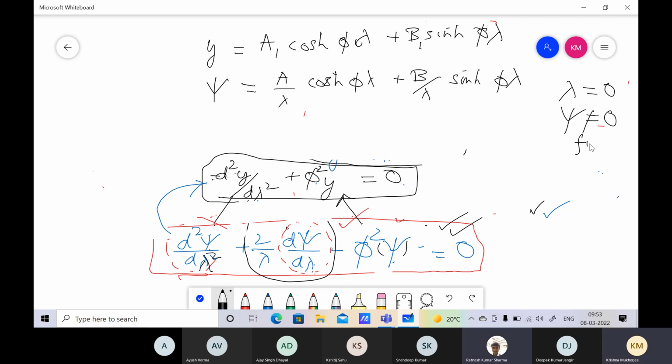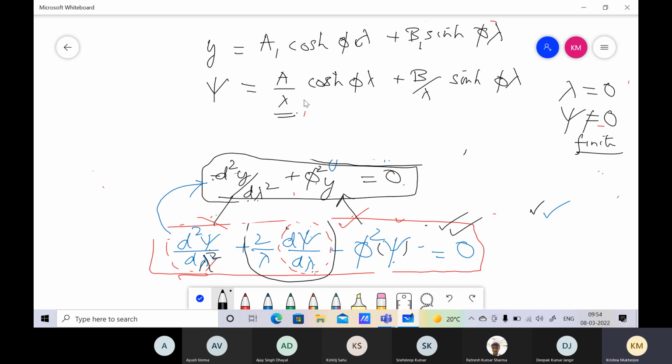It is finite. That is the other boundary condition. At lambda equal to 0, sine phi lambda becomes 0, so sine phi lambda upon lambda tends to 1. That is an easy solution. But the other term will tend to infinity.